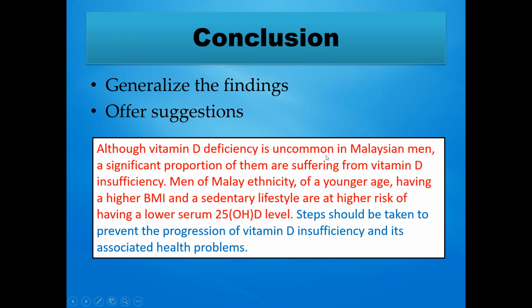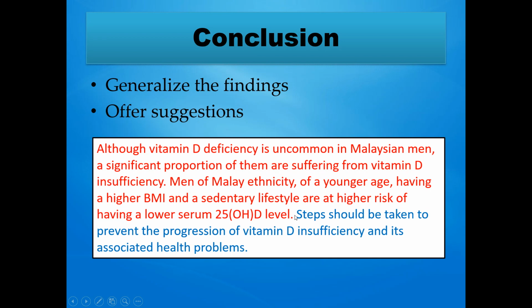Although vitamin D deficiencies are common in Malaysian men, a significant proportion of men are suffering from vitamin D insufficiency. Men of Malay ethnicity of a younger age, having high BMI and a sedentary lifestyle are at high risk of having low serum vitamin D level. And these are the general findings of the study. But this alone is not complete.